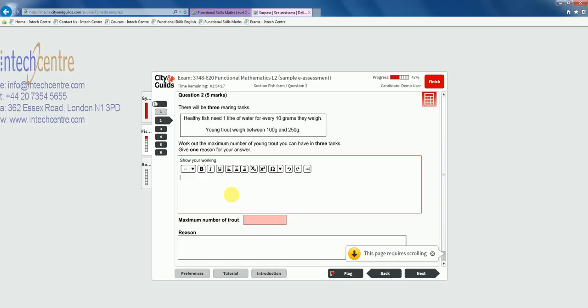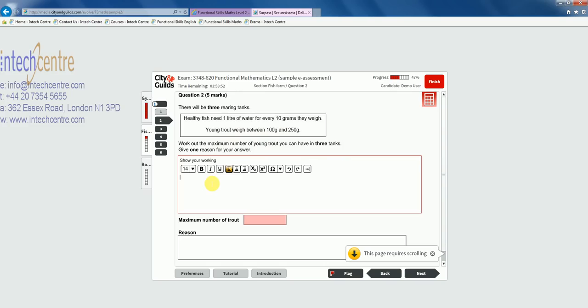Okay, so if young trout weigh between 100 grams and 250 grams, we need to have the maximum number of young trout you can have in 3 tanks. So ideally, if we want the maximum number in the tank, and if they weigh between 100 grams and 250 grams, if we assume that one fish weighs 100 grams, then we can have the maximum number of fish in the 3 tanks.